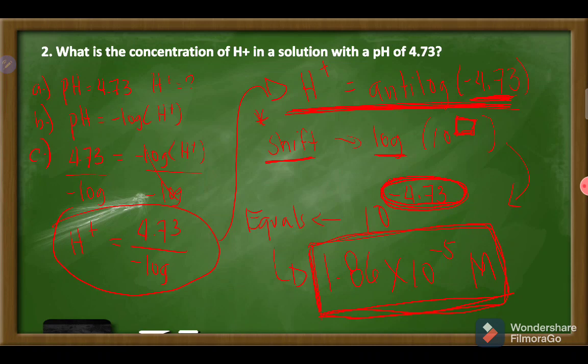I hope you followed the steps. Shift, log, then input the negative value of the pH, and then press equals, and that will be your answer.